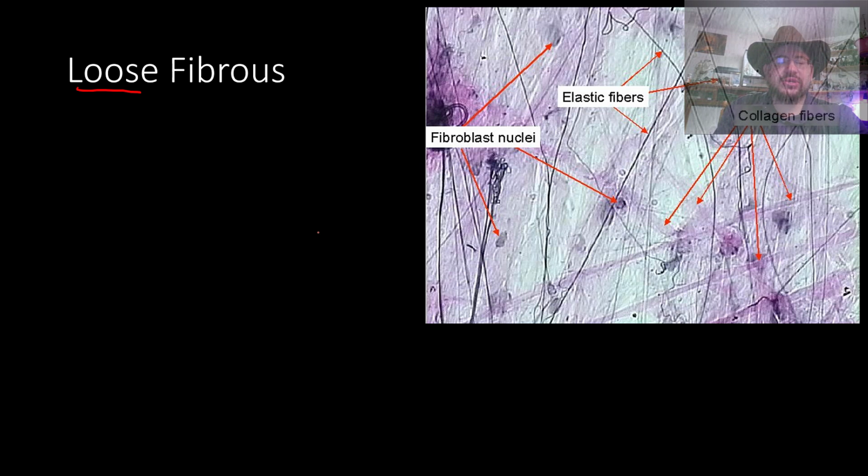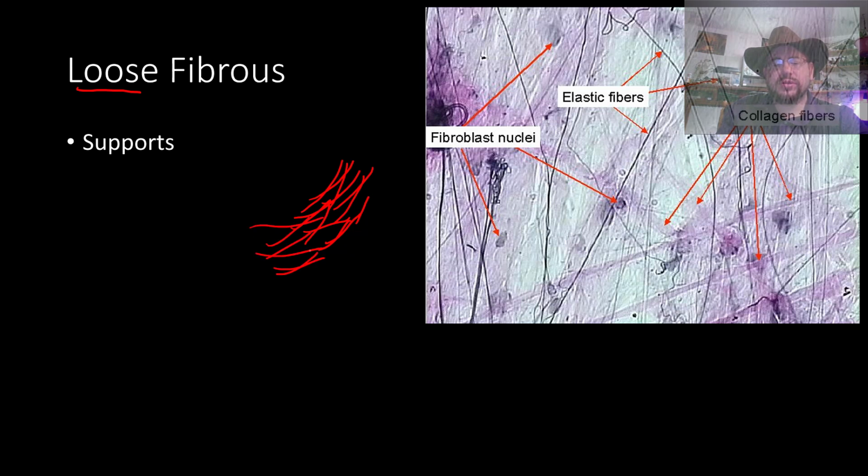So with loose fibrous connective tissue, it supports various structures or organs, right? So you see a lot of reticular fibers in there and a lot of elastic fibers and not as much collagen. And it will create a nice little mesh for supporting structures.